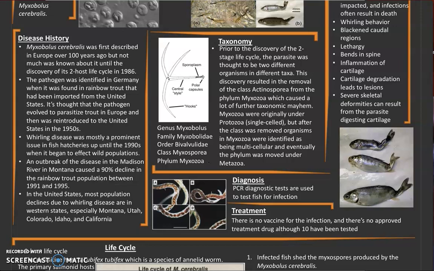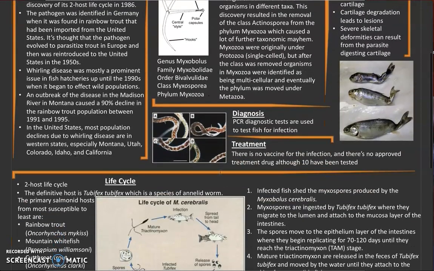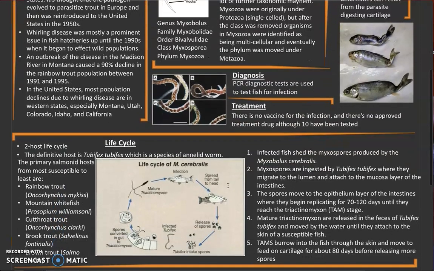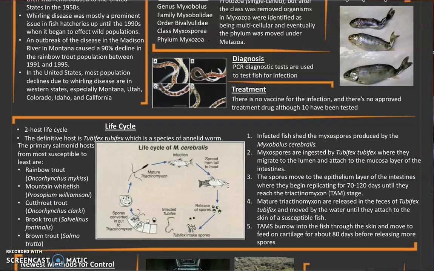So what happened was, with this discovery, they were able to kind of identify why this happened. So this two-host life cycle has a definitive host that is a species of annelid worm, and a bunch of trout that it can parasitize, and those are the main intermediate hosts.